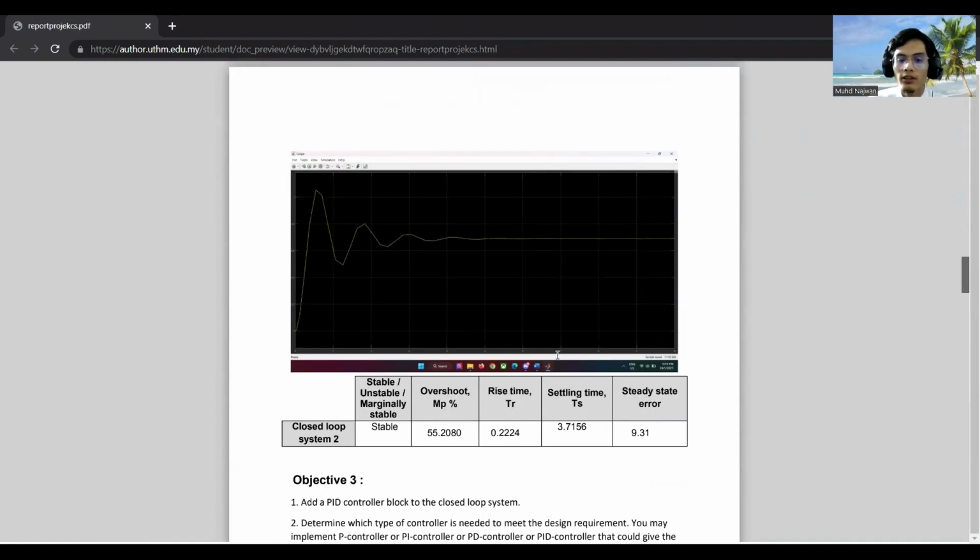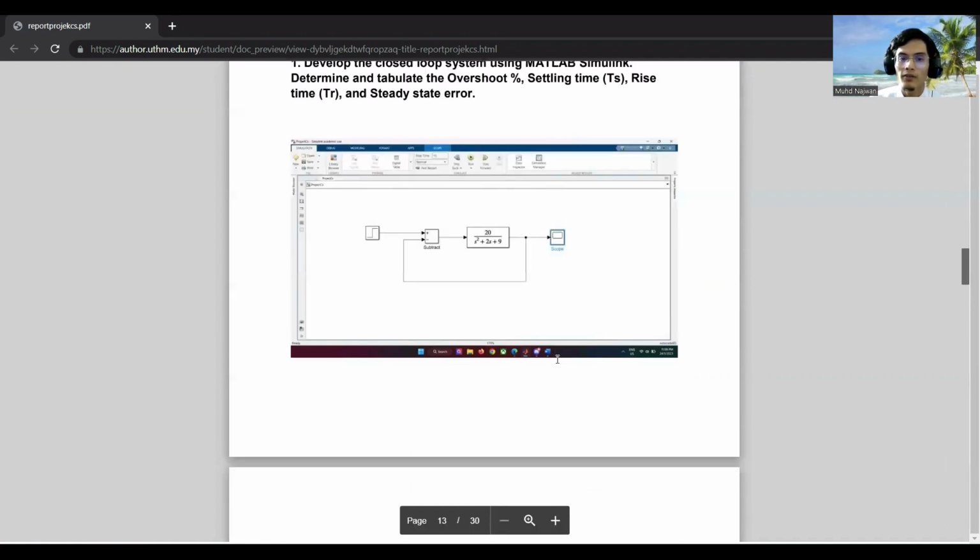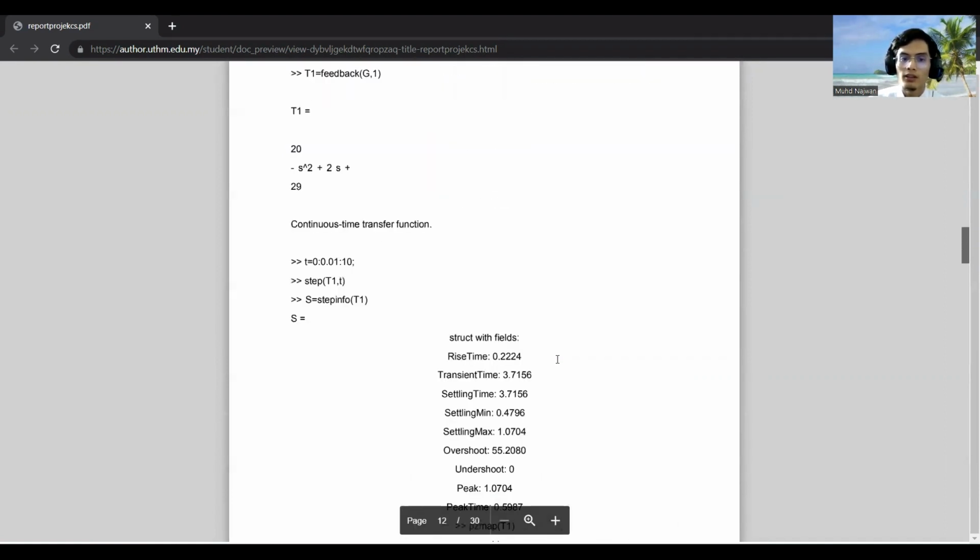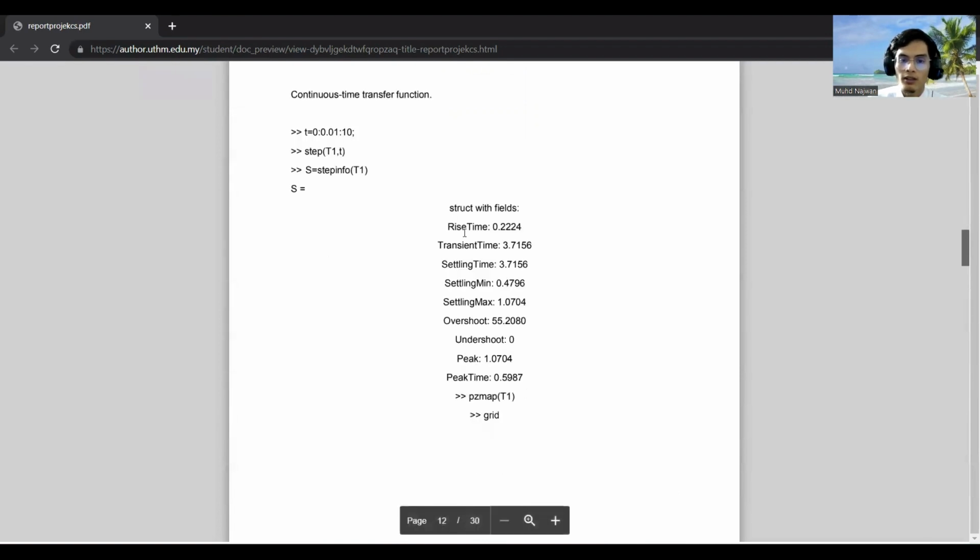After we finished decorating it, we get the graph like this. To find the overshoot, rise time, settling time, and steady state error, previously I used it in objective one, which is the same. So the rise time is 0.224.